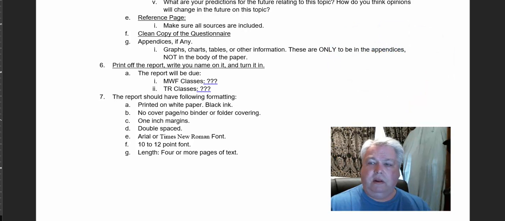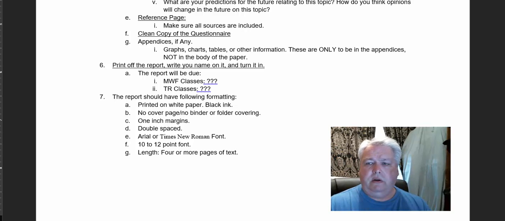I have no problem with it. It's maybe a good way to show your skills with Microsoft Word or whatever. But those all go as appendices. What you can do in your paper is say, see Appendix A, see Appendix B, and then I can turn to those and look at that table or chart. But those are not to be in the body of the paper itself.